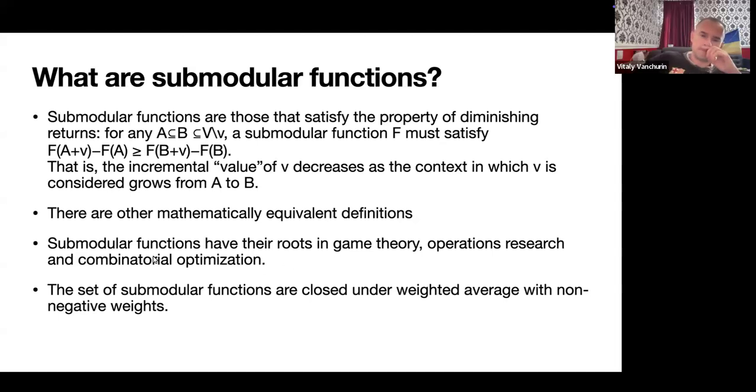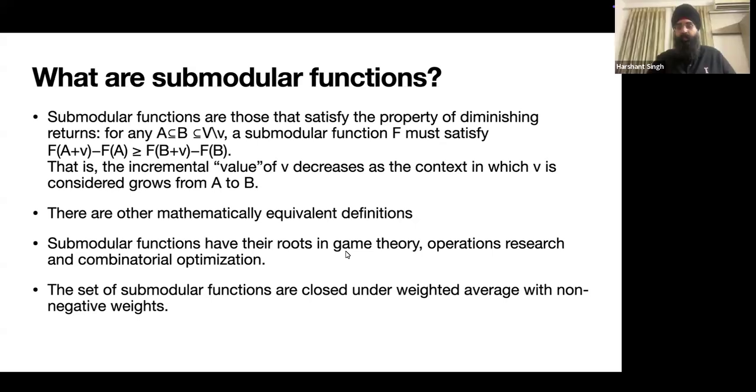Submodular functions have their roots in game theory, operations research, and combinatorial optimization. They are closed under the weighted average operation. So if you have a bunch of submodular functions and you create a weighted average where the weights are non-negative, that will also be a submodular function.